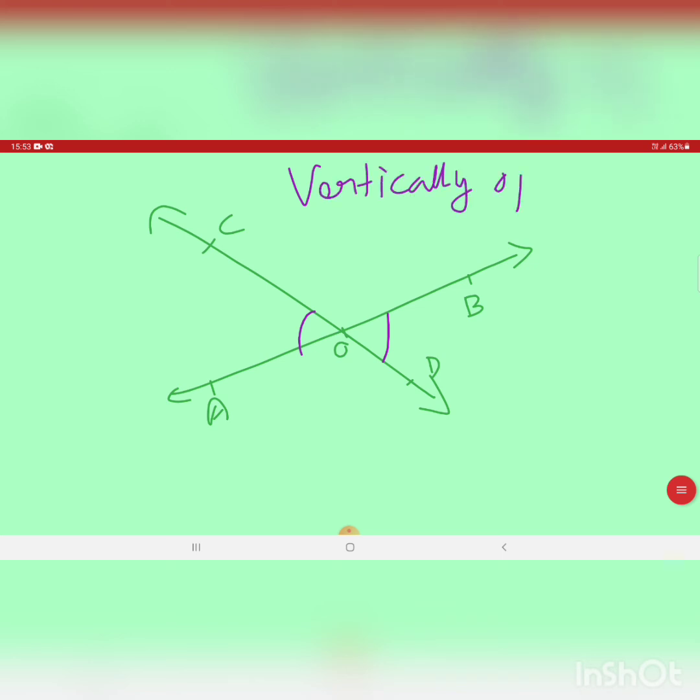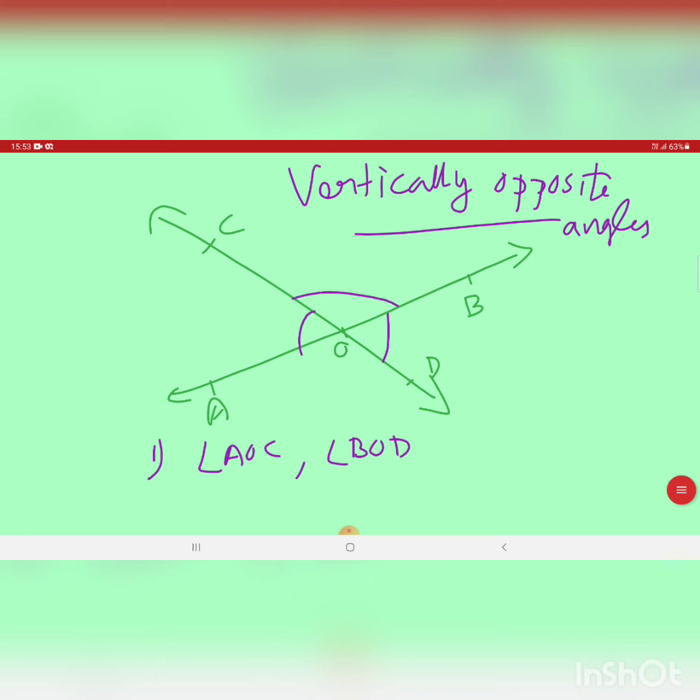So the first pair we got is angle AOC, comma angle BOD. You can see one more pair there, these two, that is angle COB and angle AOD. Two pairs of vertically opposite angles are formed when two lines intersect.